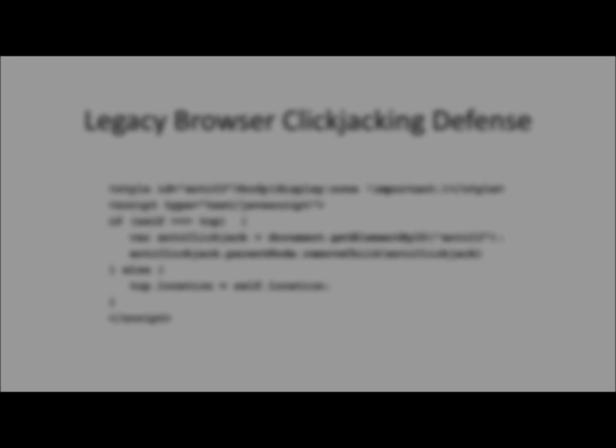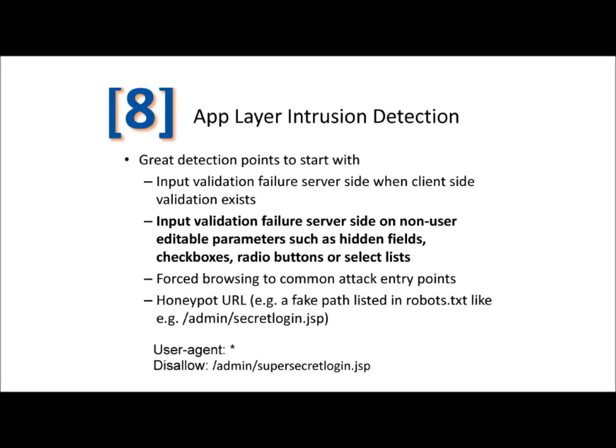The next thing I want to talk about in number 8 is application layer intrusion detection. This is a really important idea because it will help you stop attacks that enter your web application, or at least, more importantly, it will let you detect attacks as the hacker tries to hit your application.